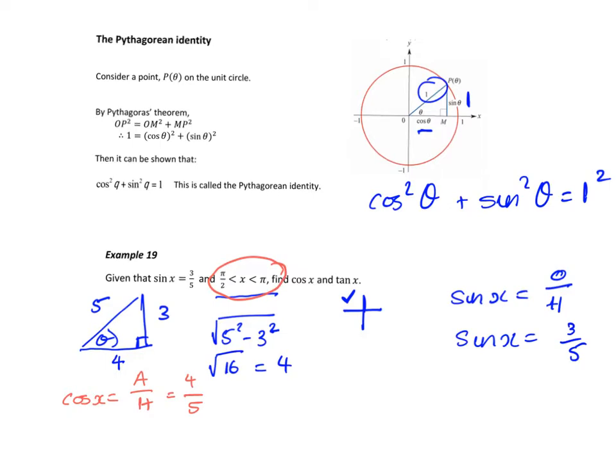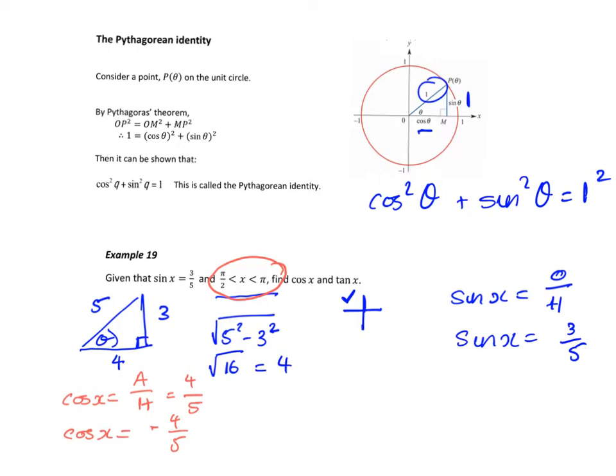We are working in the second quadrant. Is cos positive or negative in that quadrant? Well, we know that sine is the only one that's positive, so my answer here must be cos x equal to negative 4/5. So you do need to consider the domain that you are in. If my domain was pi to 3 pi on 2, then it would have been a positive 4/5.